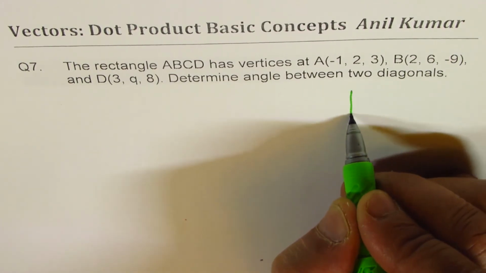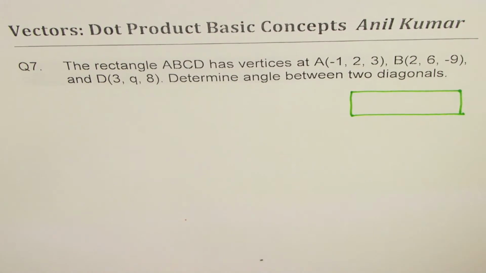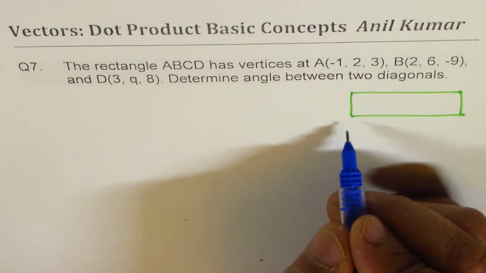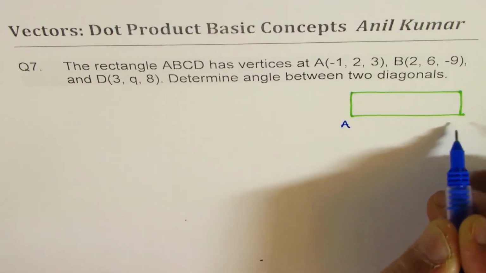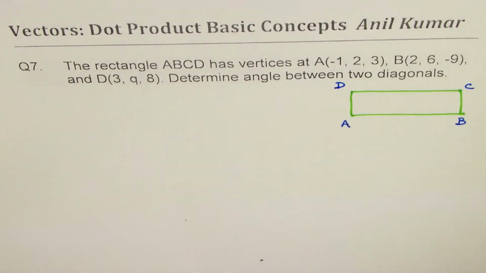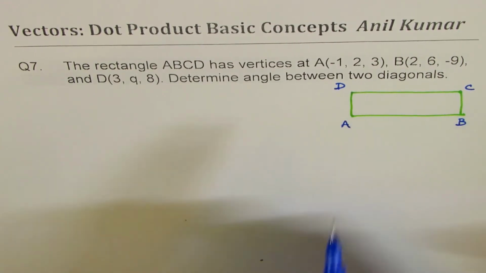So let me just make a rectangle here. Always write in a particular order, right? If you want to write A here, begin with A, B, C and D, right? So it becomes like this. So in a particular order, you could go clockwise or counterclockwise.